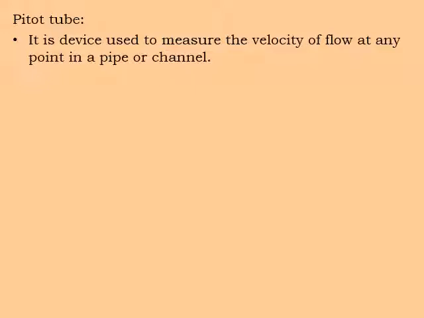In the last two sessions, we discussed the venturi meter as well as the orifice meter. These two devices are used to measure the rate of flow through the pipe. And in order to measure the velocity of fluid flowing through a pipe or channel, these pitot tubes are used.